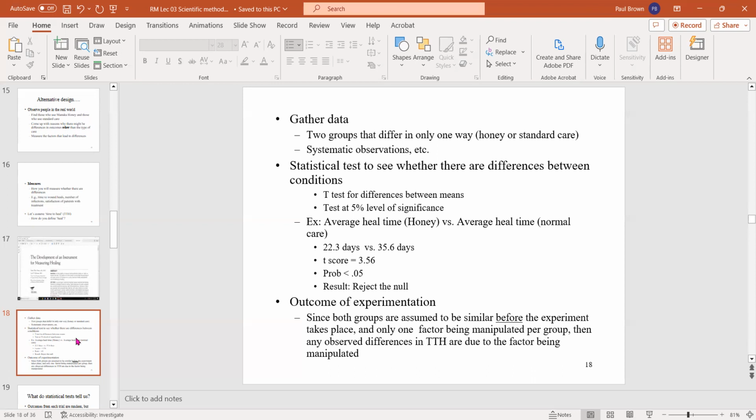So the question is, could you get an example of 22.3 if the true mean was 36.5? If this was the true mean, could you get a number like 22.3 if that was what the distribution really looks like? Could you? Yeah, you could get one.